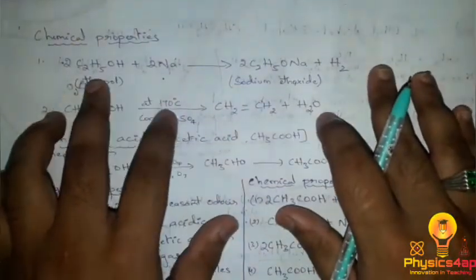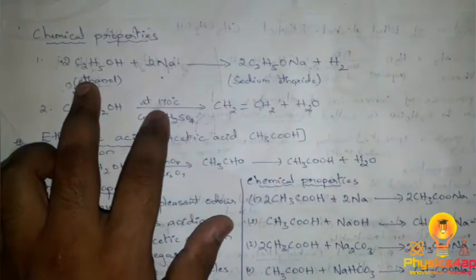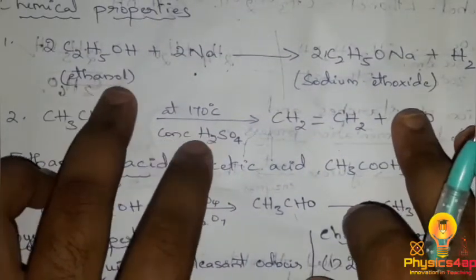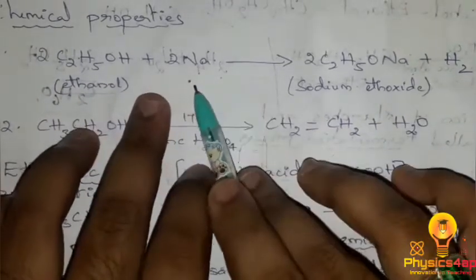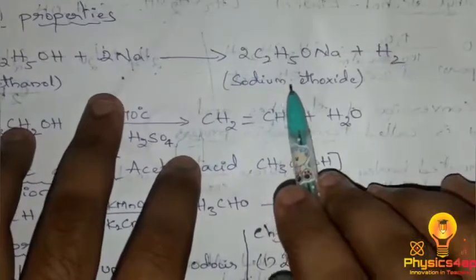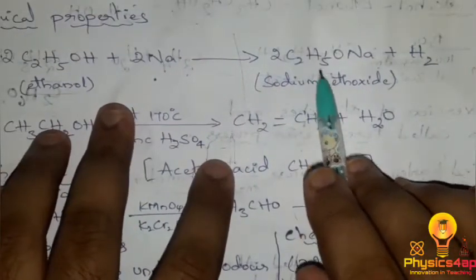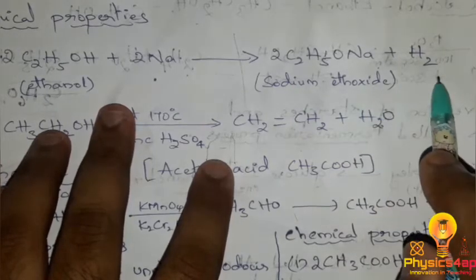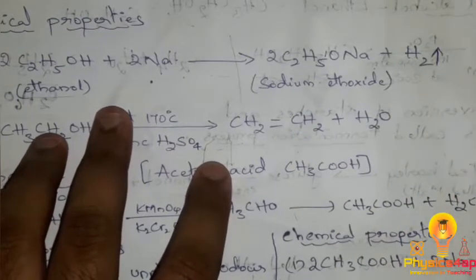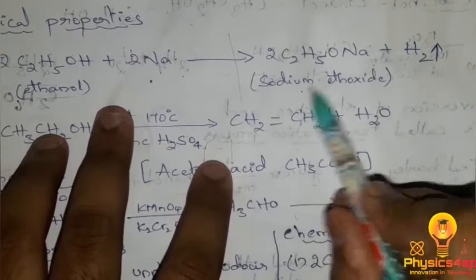So for the ethyl alcohol properties, we have C2H5OH over here, which is called ethanol. When ethanol reacts with sodium metal, it converts into C2H5ONa plus H2, hydrogen gas is released. This is called sodium ethoxide.